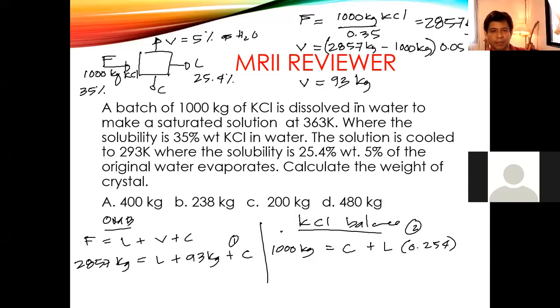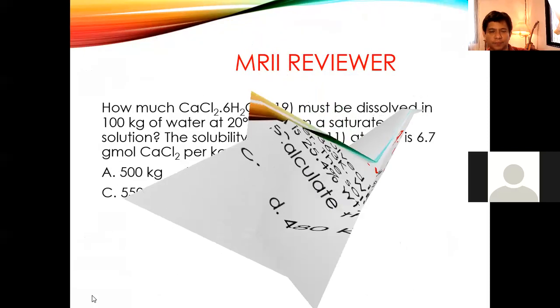Very good, Emmanuel. Very good, Evelyn. Very good, Dominic. Very good, Gio. Very good, Nikki. Very good, John Paolo. I'm getting C equals 399 something, so the best answer is letter A. Do you have any questions? If not, let's proceed.